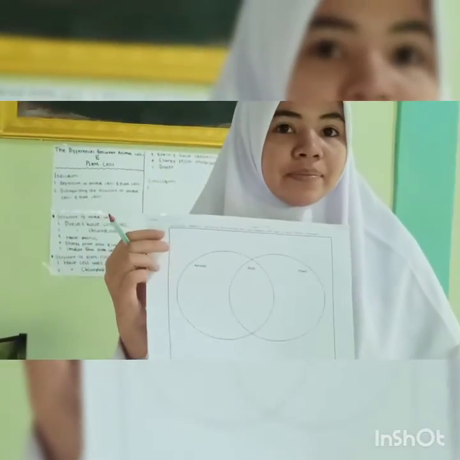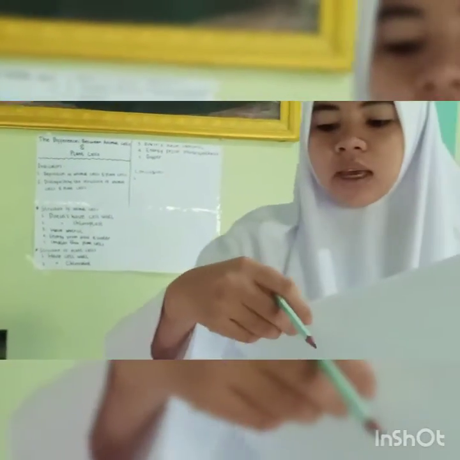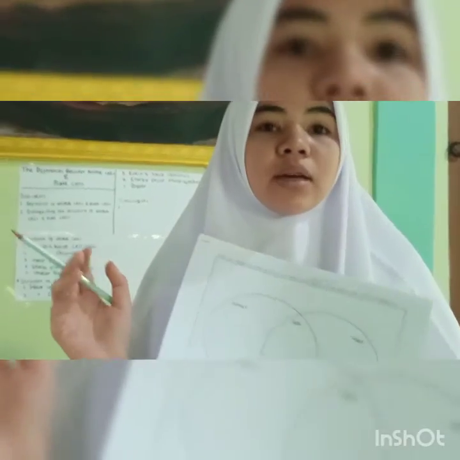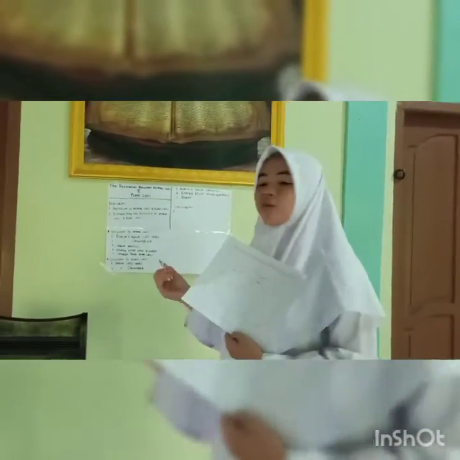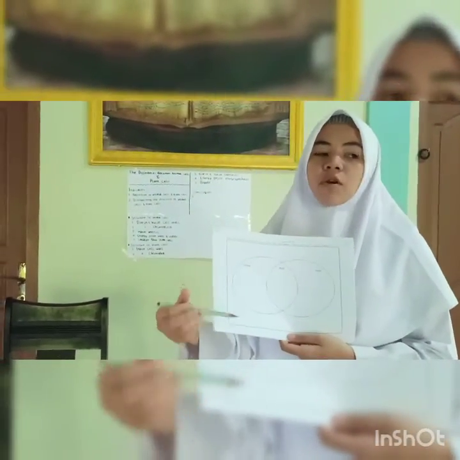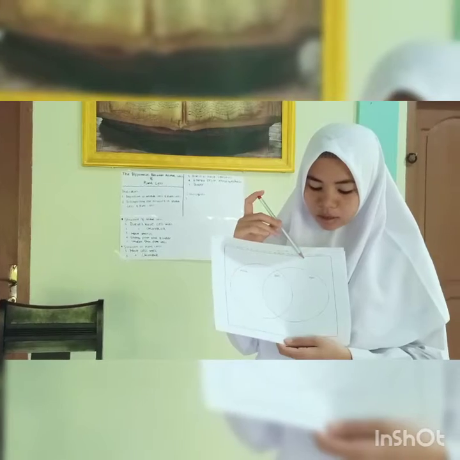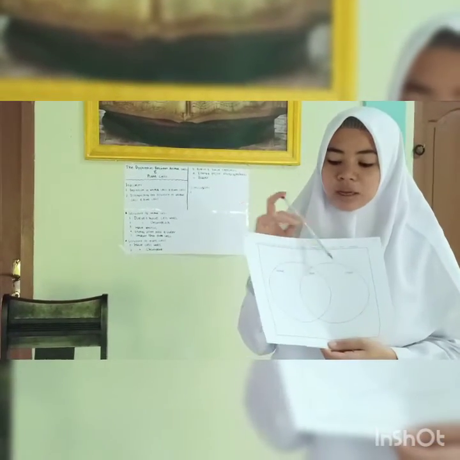You understand? Yes. Okay. You just write only 5 organelles. I've told you, you just write here 5 organelles from animal cells, 5 organelles in plant cells, and 5 organelles that exist in animal and plant cells.